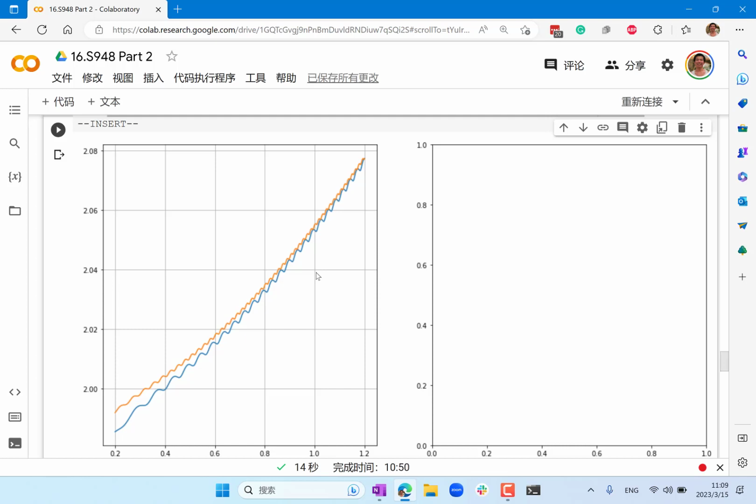It's about 0.1, right? If you look at the range from 0.8 to 1.2, the x-axis, the parameter mu, rises by 0.4, and if you look at the y-axis from here to here, the gap here and the gap here are similar, right? So from here to here is also 0.04, right?